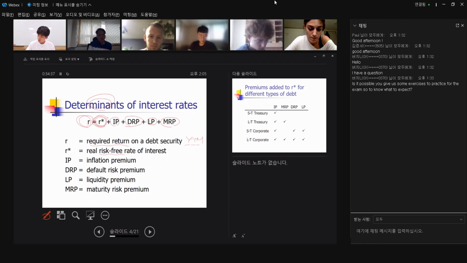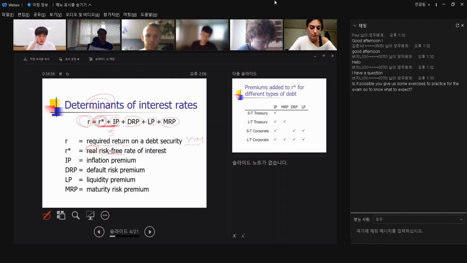Okay. So R is the quoted or nominal or stated interest rate on a given security. R star is the real risk-free rate. And R star plus IP is the nominal risk-free rate.